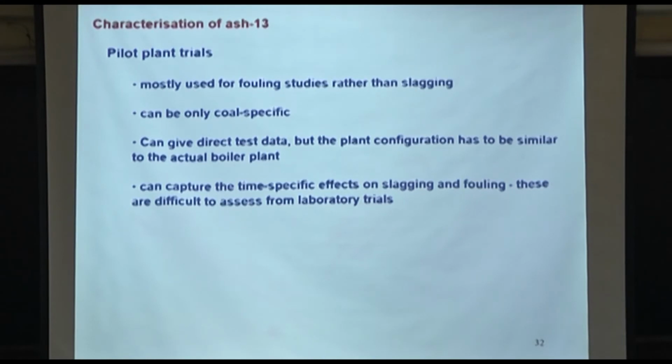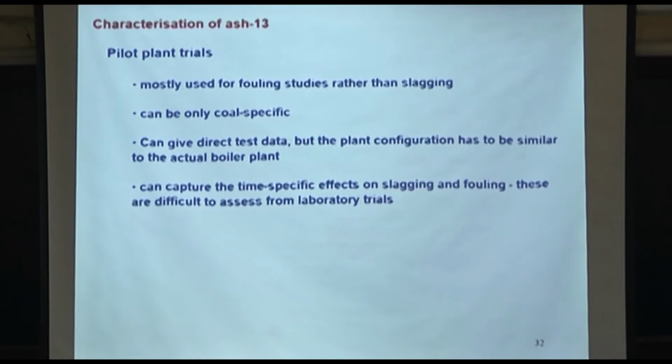But the plant configuration has to be similar to the actual boiler plant. The configuration, not the scale. The scale is also important. But if your actual boiler is going to be a tower type boiler, for example, Alstom used to give tower type boiler designs. The configuration of the boilers that I showed yesterday, if you can recall, is a 2-pass with a neck in there to give you very high velocity at that neck, so that the majority of the fouling is dislodged.